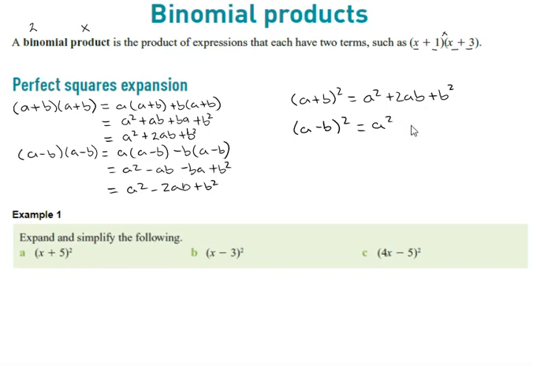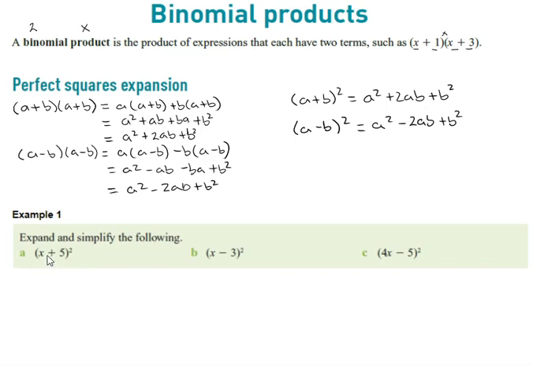Now, when we know these and what they multiply out to be, it helps us expand these out. This example here, example 1, says expand and simplify the following: x plus 5 all squared. Yes, I can do it the long way, just like I did here. It'll take me 3 lines and I'll get to the answer.